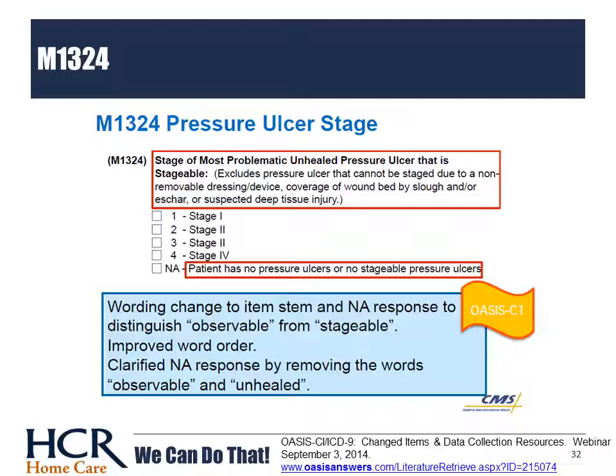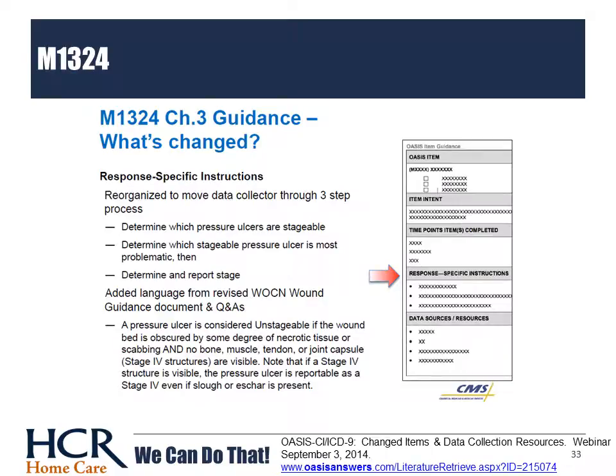Okay? Now, the guidance for this question is recommending you do a couple different things. So 1, the guidance recommends that you first determine which pressure ulcers are stageable. Okay, so of the pressure ulcers that are present, which of them are stageable? Second, determine of those pressure ulcers that are stageable, which of them is the most problematic.